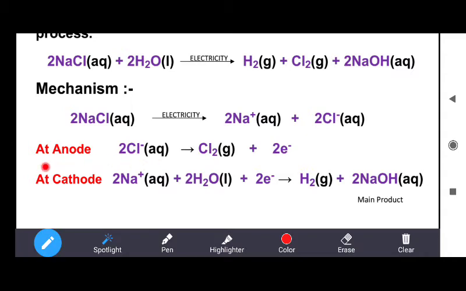As they migrate towards the anode, they form chlorine gas, releasing two electrons.